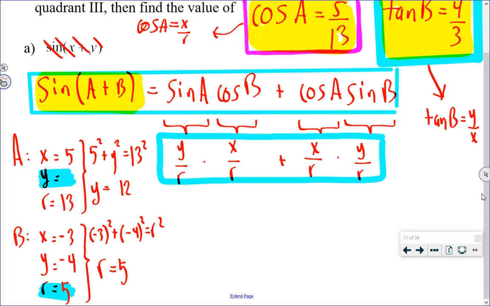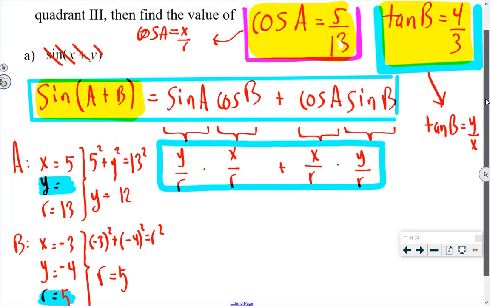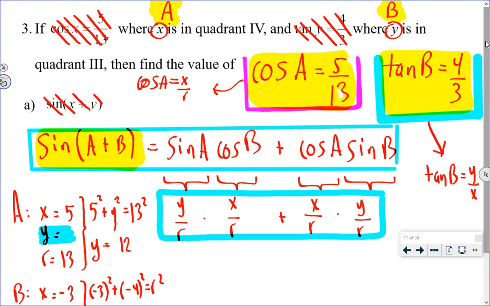Is everybody fine with y being 12? You should not all be fine with y being 12, because it says that angle A is in quadrant 4. My God, what a lot to keep track of here, you guys. You've got 2 different sets of x, y's, and r's. You have to look at the quadrants to determine what's positive and what's negative.